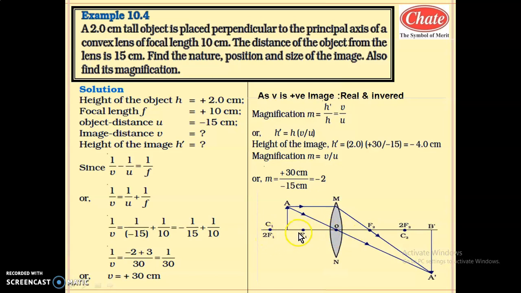So 2F1 value in this case will be 20 centimeter, but U is just 15 centimeter. It means the object is in between F1 and 2F1. Once you understand the location of the object, you can draw the ray diagram for this. So the object position is between F1 and 2F1, and the image will be beyond 2F2 and it will be enlarged in size.